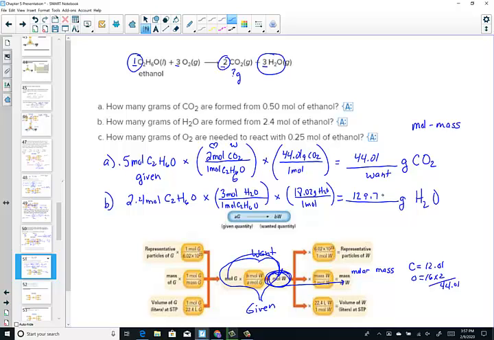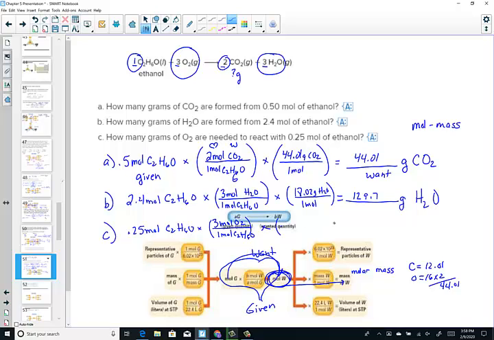And in letter C, 0.25 moles of ethanol, and we want to know grams of oxygen. So the oxygen coefficient is a 3. Coefficient of your ethanol is still 1.